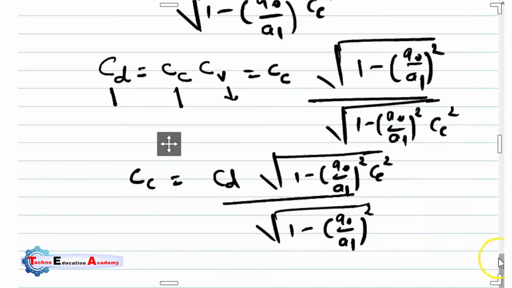So this is the equation of CC. The CV is the coefficient of velocity, which is V2 by V1.